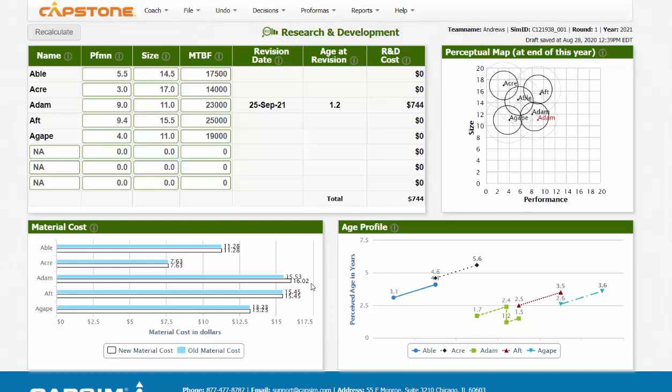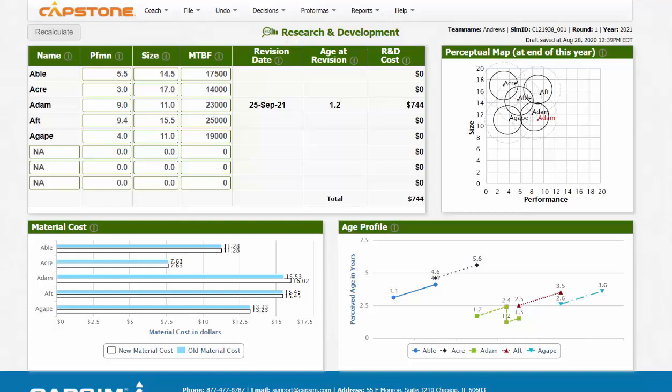There's 2 more things that I want to point out. First, if you redesign a product in R&D by changing the reliability of the product, but not repositioning it on the perceptual map, age is not affected. Your consumers only perceive a product to be newer if it is moved on the perceptual map, meaning you have to change either the size or the performance.